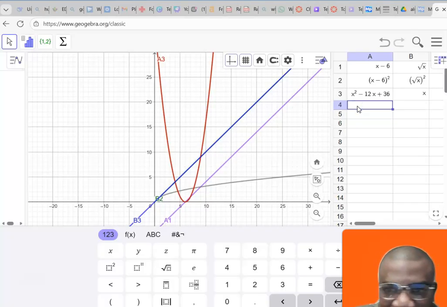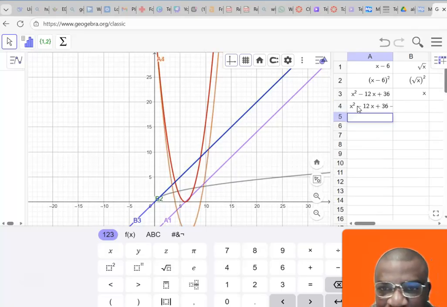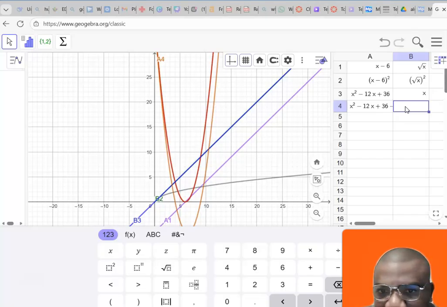So we can say A3 minus x. A3 minus x. Good. On this side we have B3 minus x.